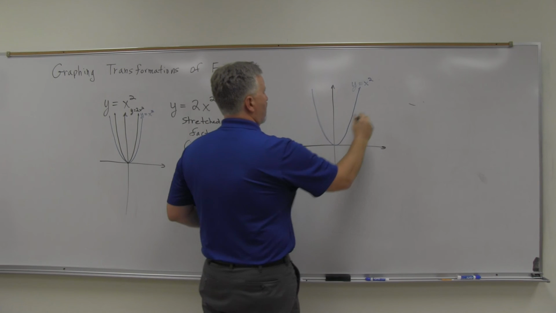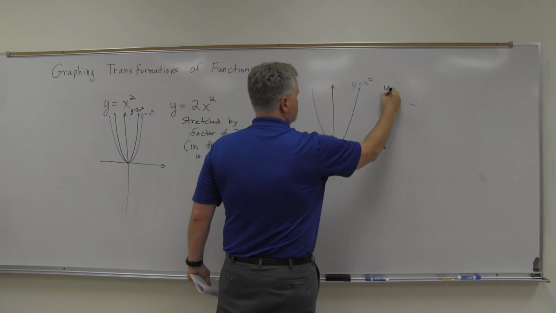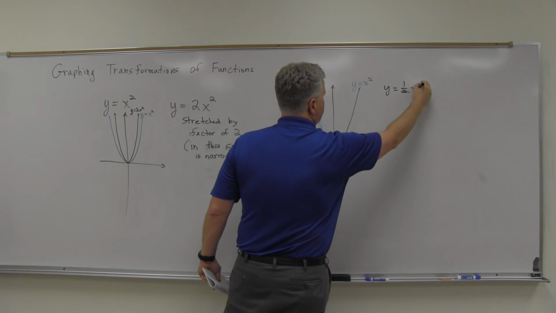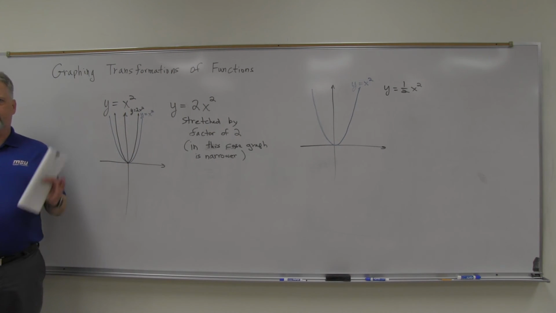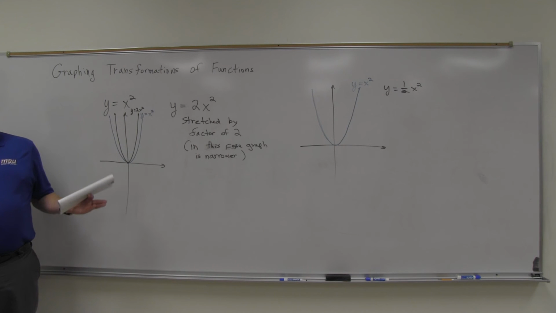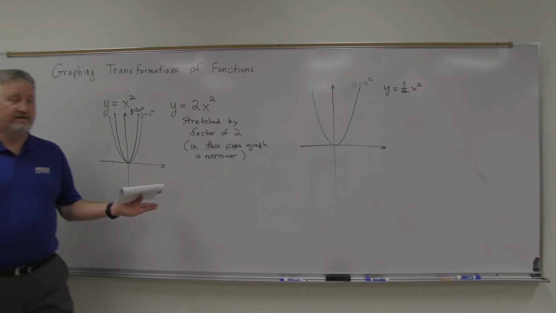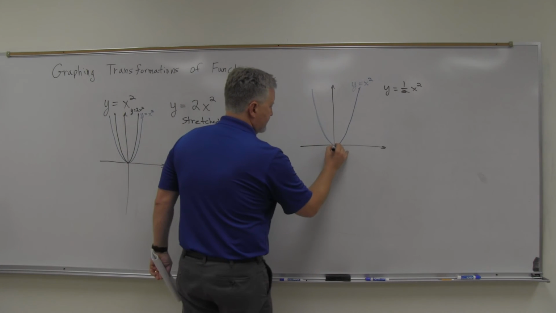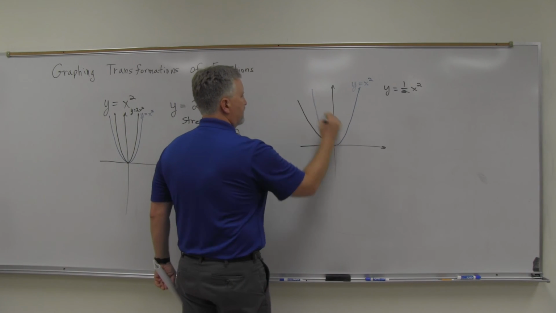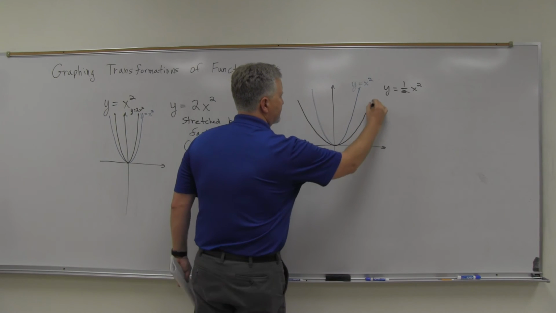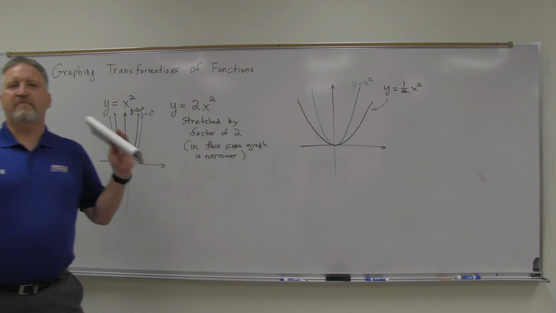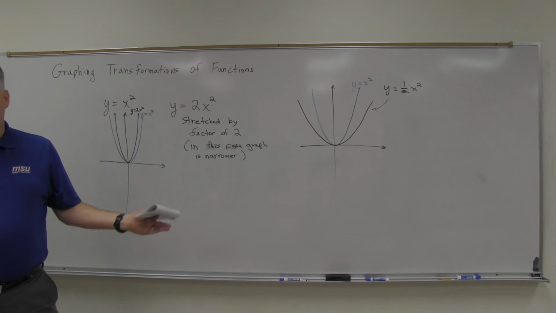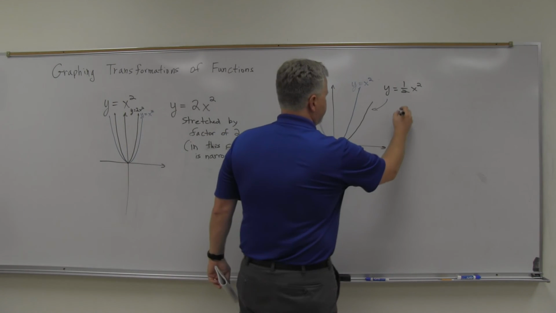And so if I look at y equals 1/2 x squared, well, it's going to stretch it by a factor of 1/2, which we would probably describe in this particular case as making it a wider graph instead of a narrower graph. And that's what it does, because it halves all the y values. But technically speaking, it stretches it by a factor of a half, which means it spreads it out wider in this particular case.